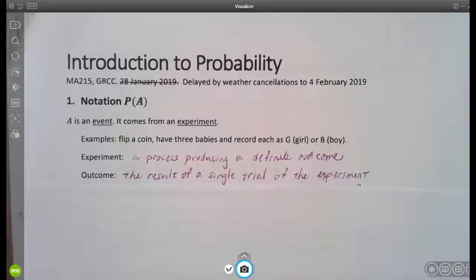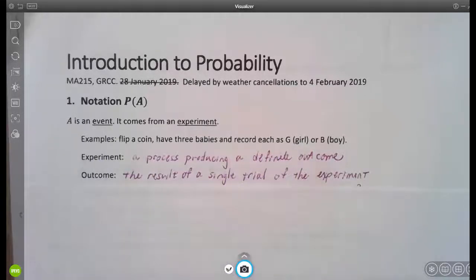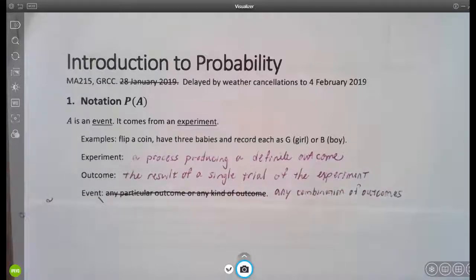Or we might observe a family that has 3 children in succession, and say count the number of girls and the number of boys. That could be the experiment and the different outcomes that could occur. An event is any combination of outcomes, and sometimes events that are not simple outcomes are referred to as compounds.